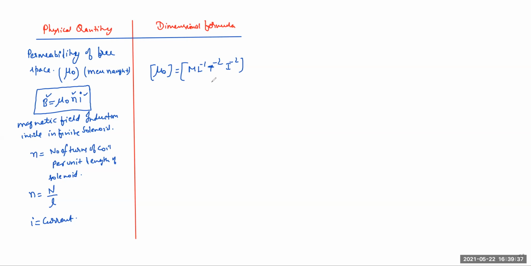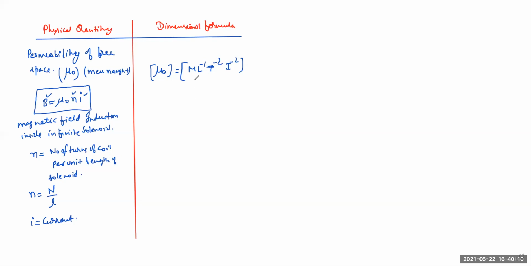I think something is missing in the L part. Sir, L minus 2. No, that is not coming. I think L plus 1 should come. Sir, L0 should come, no?